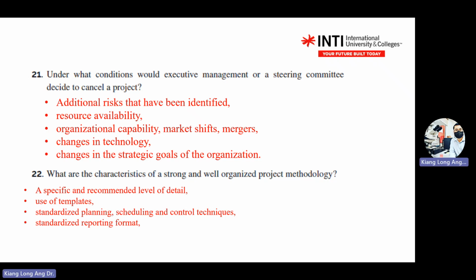Which question was it? Question 15. Actually it is the same way of asking the question, right? It asks what is the project methodology. So you see the details, templates, scheduling, reporting.